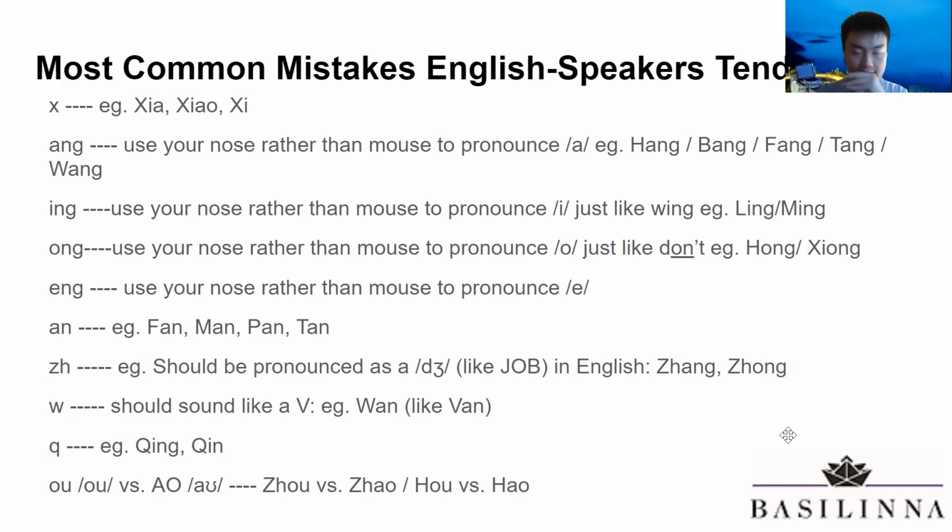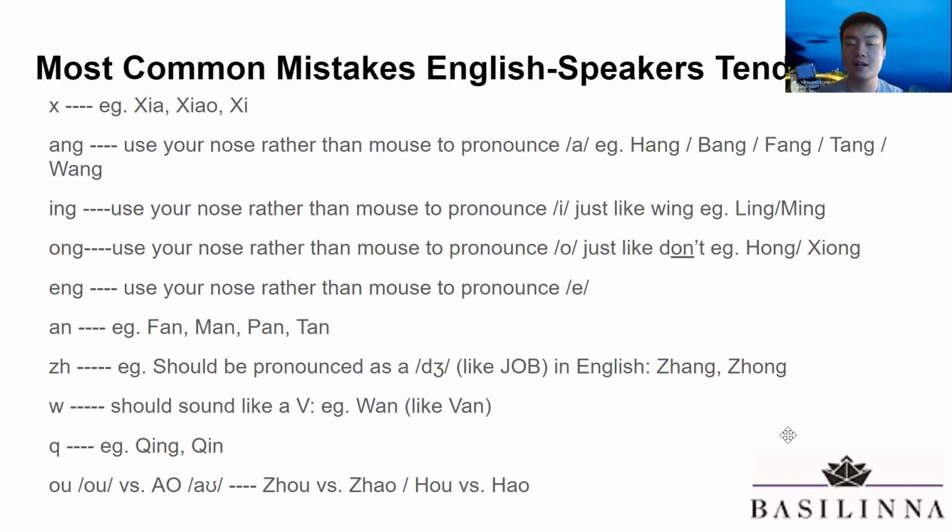Okay, let's look at the next. You could pronounce e from your mouth, but try to pronounce it from your nose. That would be eng. Okay, let's take another one. An, and it's just like the word fan. Fan, man, pan, tan.